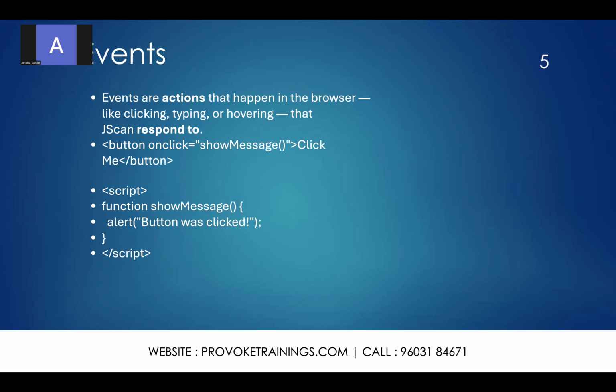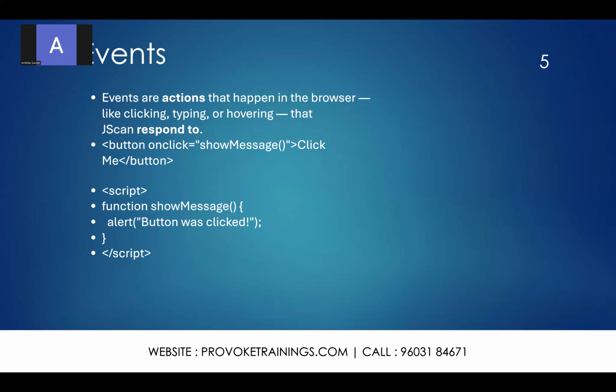Events are the actions that happen in the browser, such as clicking, typing or hovering in the web page. I'm going to do some action in my browser. For that, I have to click the UI, or type something in the UI, or hover on the UI so that the event will respond to that action. For example, when I click the button, it has to show some message.